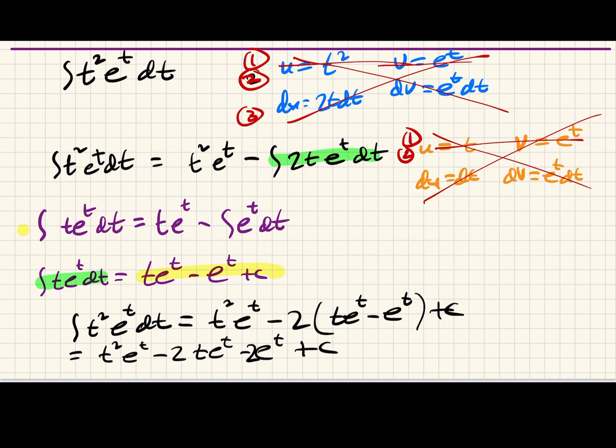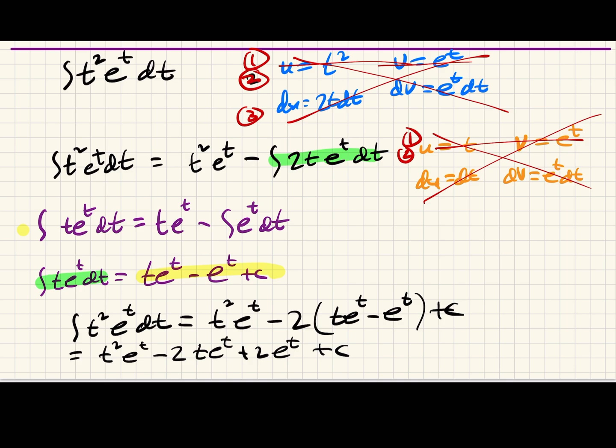Wouldn't it be a plus 2 e to the t instead of negative 2? Did I write something wrong somewhere? You know, when you're distributing the. Yeah, right here. So plus 2 e to the t, yeah.